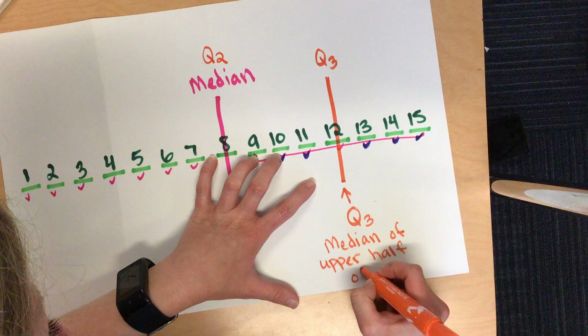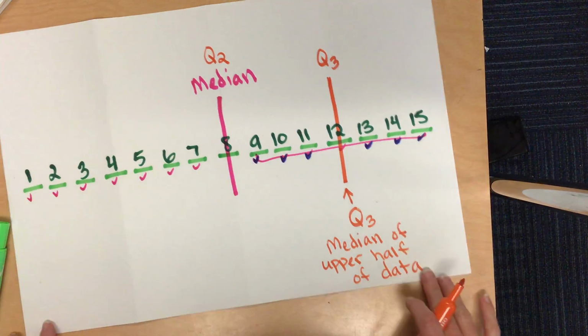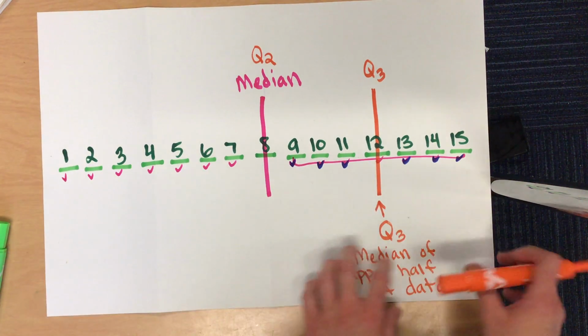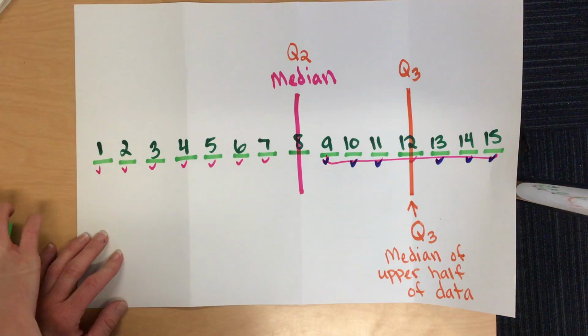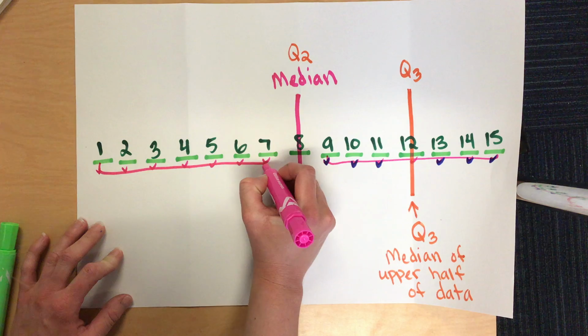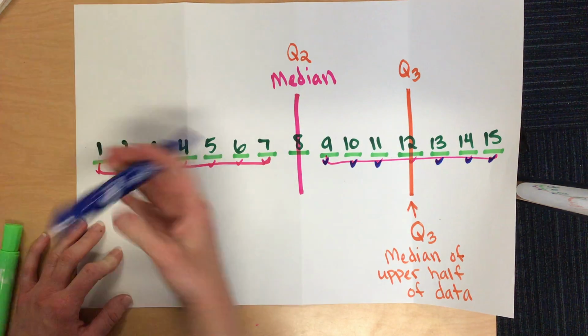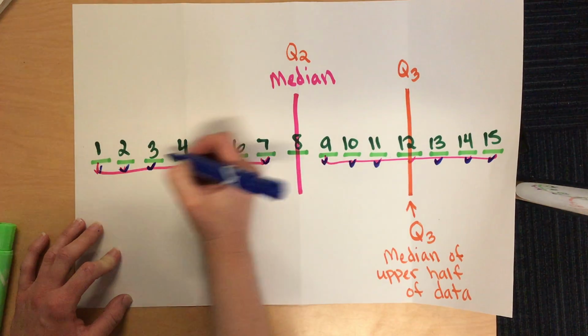Okay, now we're going to find our Q1, or the median of the lower half of our data. All the numbers to the left of our median, the lower data set. One number in the middle, which is 4.